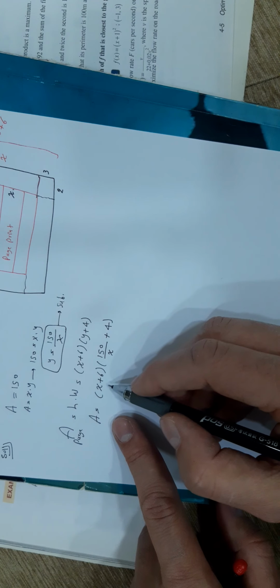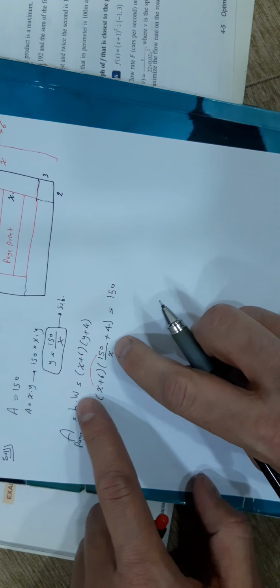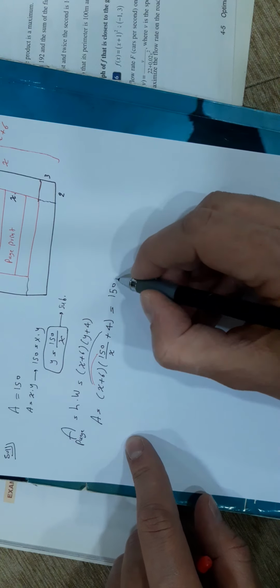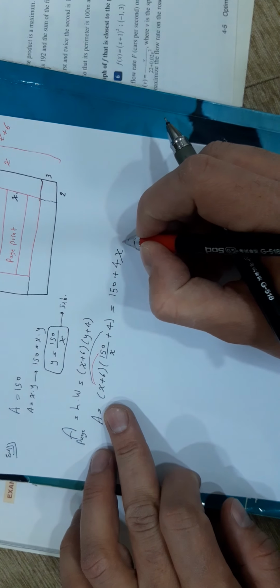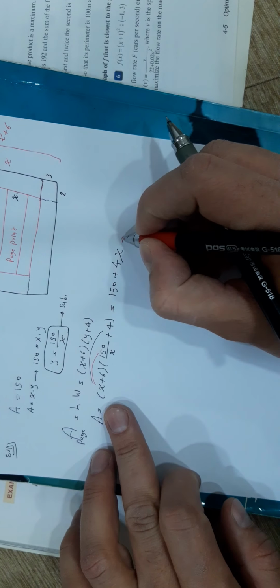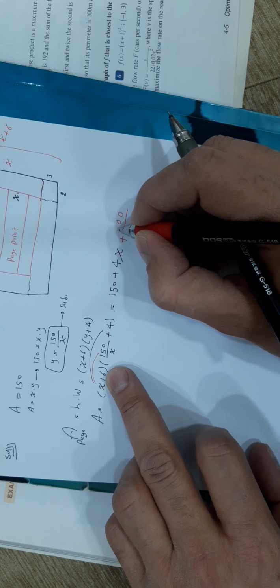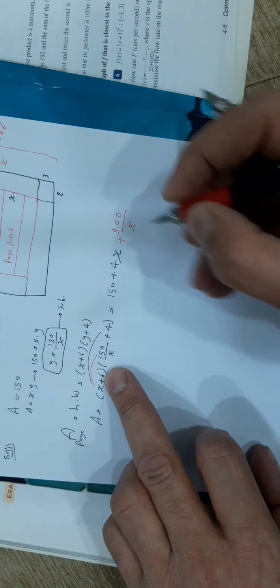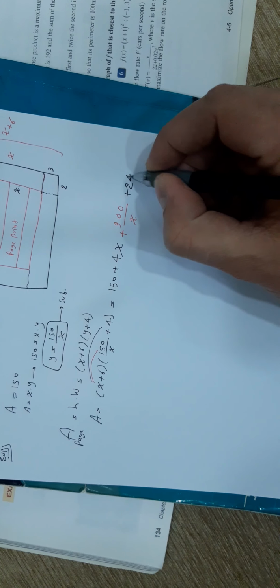Now you have just one variable. By simplifying, x times 150 over x is equal to 150, because x cancels. x times 4 is 4x, 6 times 150 over x is 900 over x, and 6 times 4 is equal to 24.